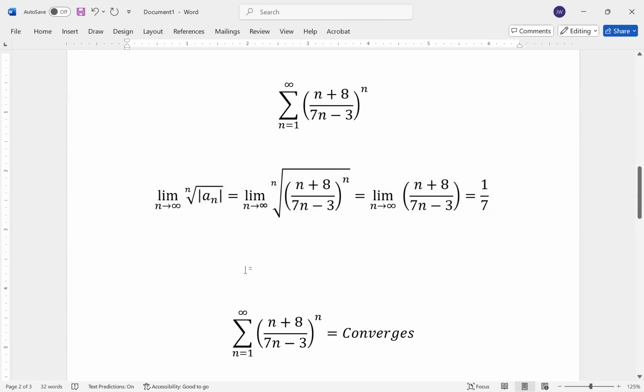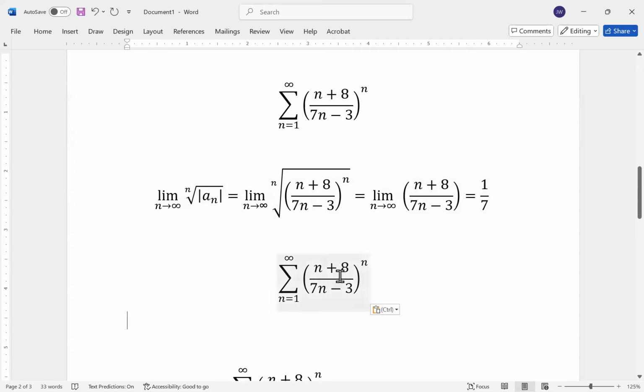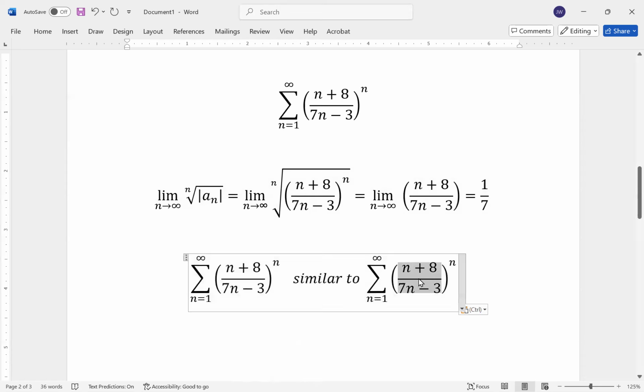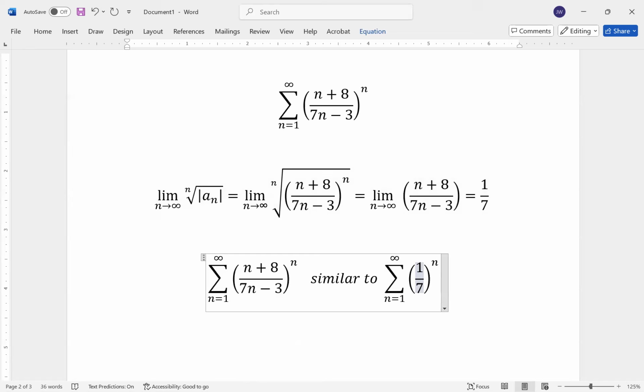So this infinite series is kind of similar to the infinite series where I just take an infinite sum of 1/7 raised to the nth power.